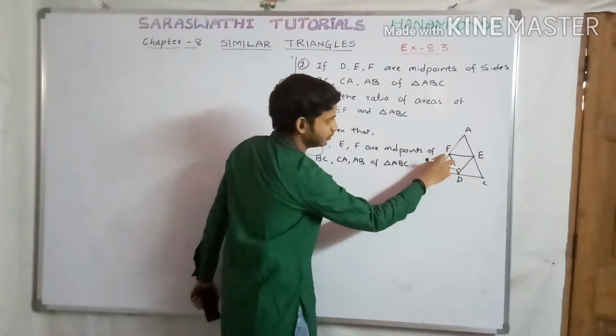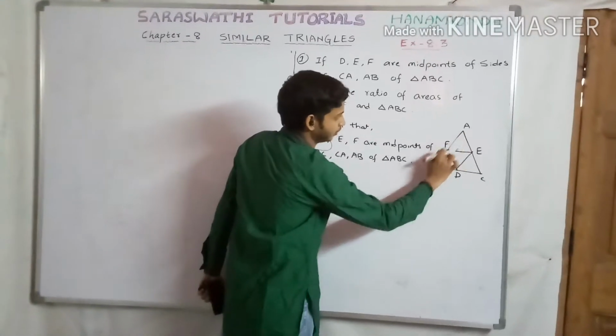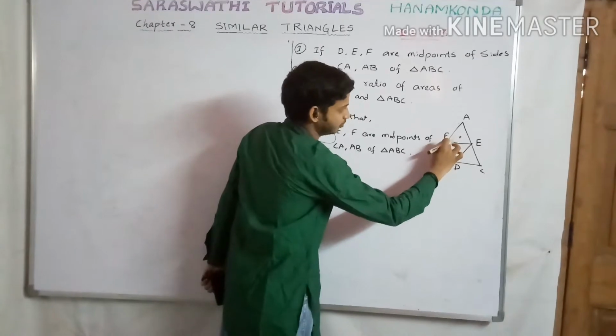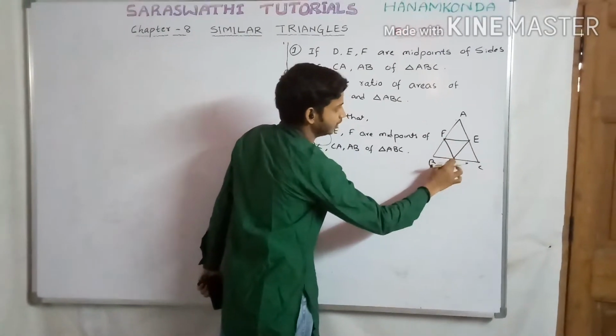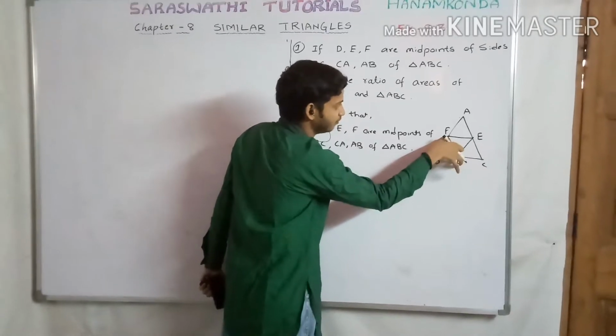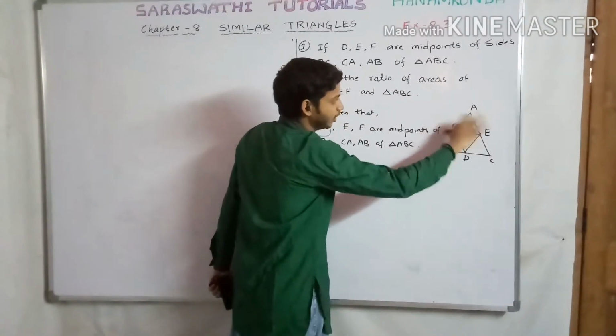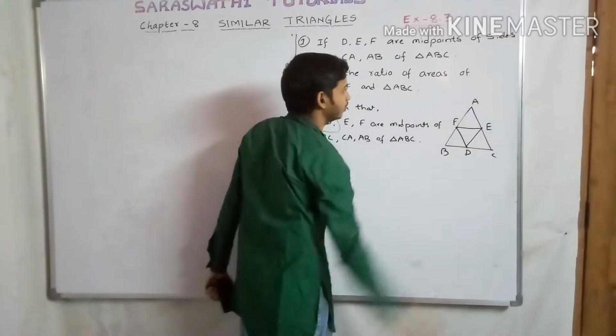Similarly, F is midpoint of AB and D is midpoint of BC. Then DF is the line joining midpoints of AB and BC. Then DF is parallel to AC.